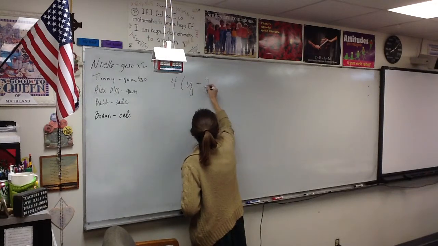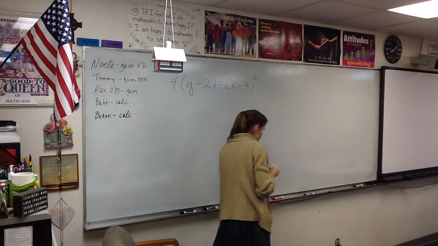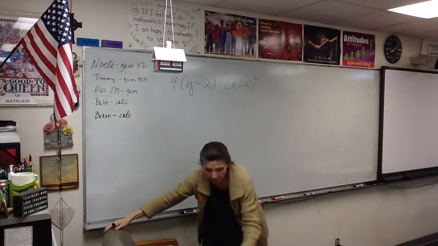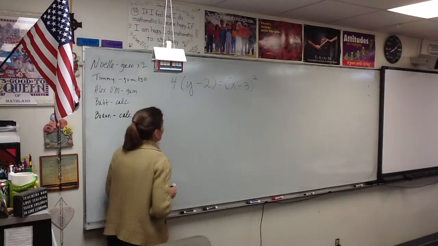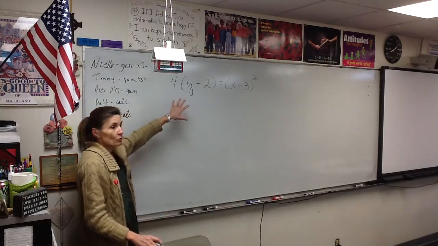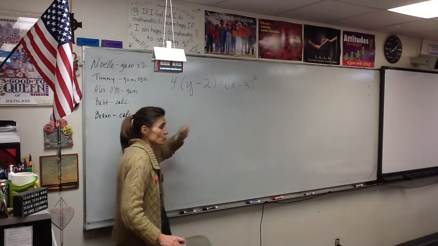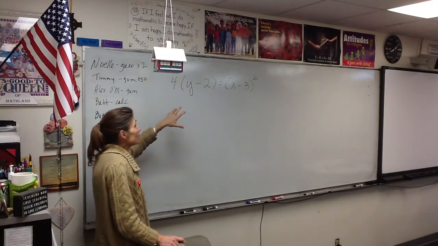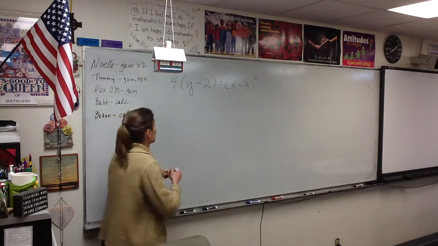Let me get you used to a new way of writing the equation of a parabola. First of all, would you agree that's a parabola? Yeah, you got x's and y's, but only one of them squared. Okay. If you wanted to, you could solve this for y.